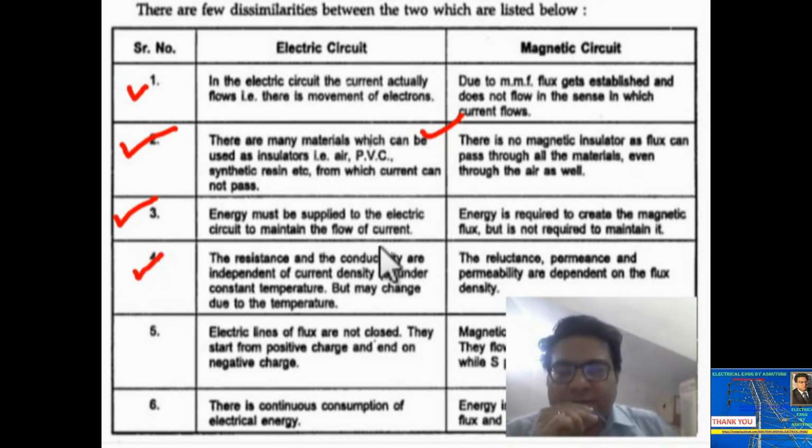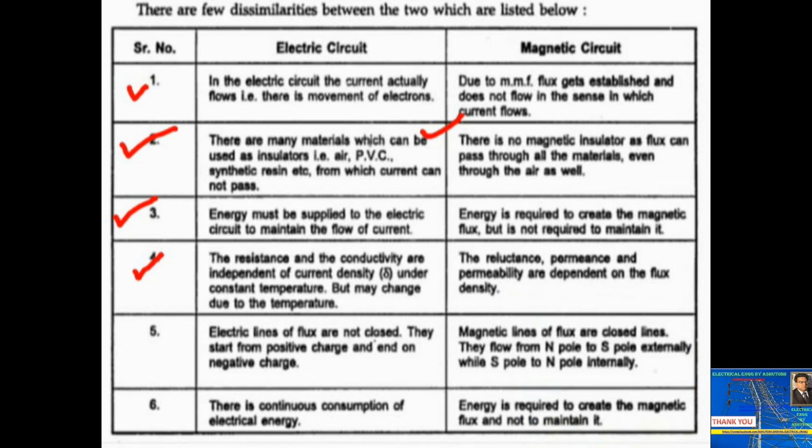Then fourth point, the resistance and the conductivity are independent of current density under constant temperature, but may change due to the temperature. You already know, temperature is the parameter which affects the resistance and conductivity of material. And see here, the reluctance, permeance and permeability are dependent on the flux density. Very important point.